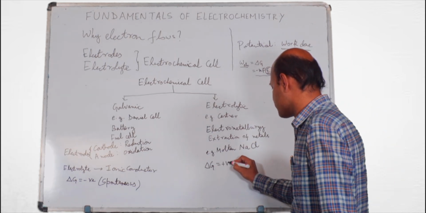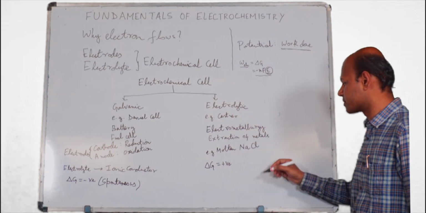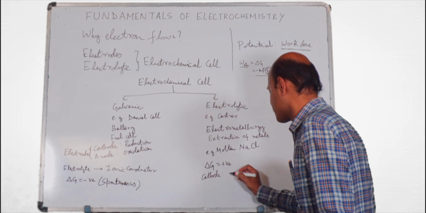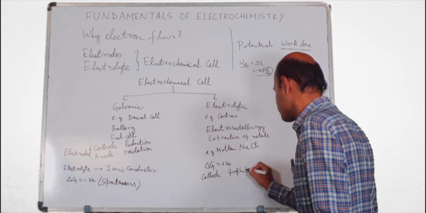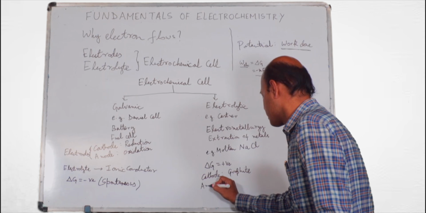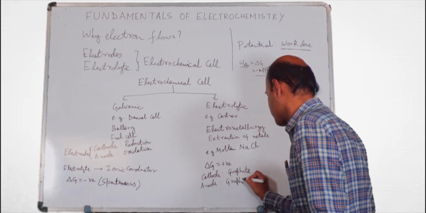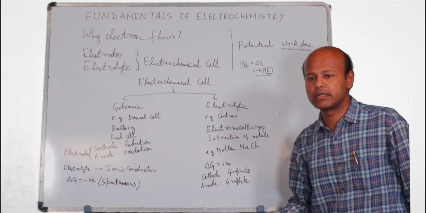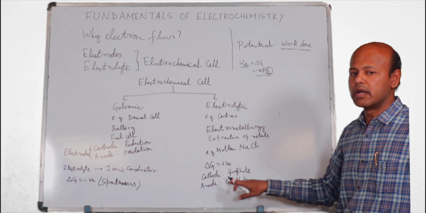is positive. For this, when you combine the cell, we take two electrodes. Suppose I write cathode and anode are more or less the same. Cathode is graphite, anode also we take graphite, because it is a high temperature cell, done at 800 to 900 degrees centigrade. So these are mainly done in an inert atmosphere.